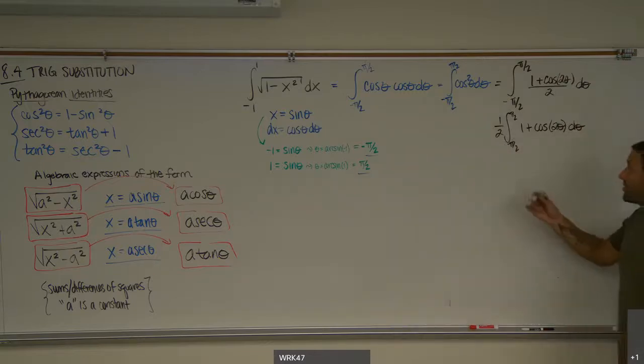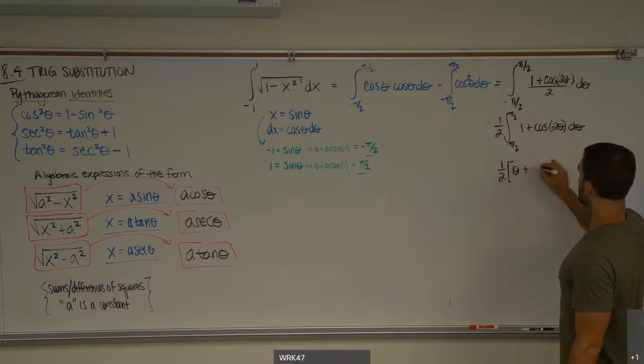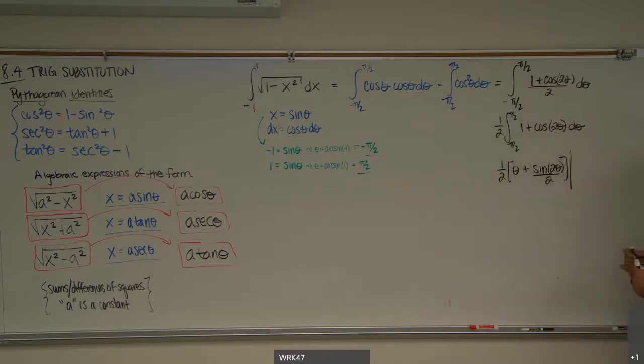And now we can integrate directly: 1/2 theta plus sine of 2 theta over 2. And now the only difference is, instead of back substituting and putting in a plus c, now we're going to take this and substitute in my bounds, right?